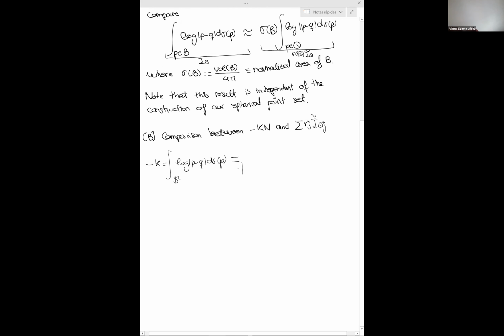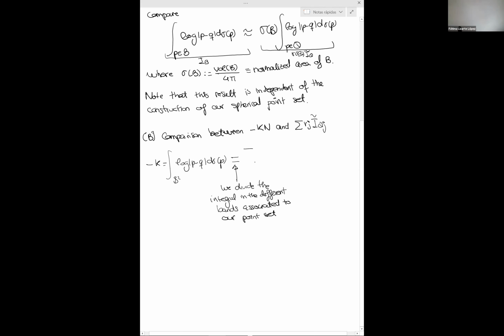Now, we divide the integral in the different bands associated to our point set.